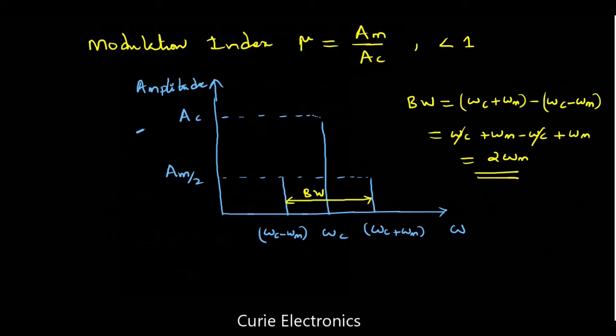And if you see in this plot, what has the highest amplitude? The carrier has the highest amplitude, and that means most of our power is getting wasted by this carrier, which is not carrying any information.